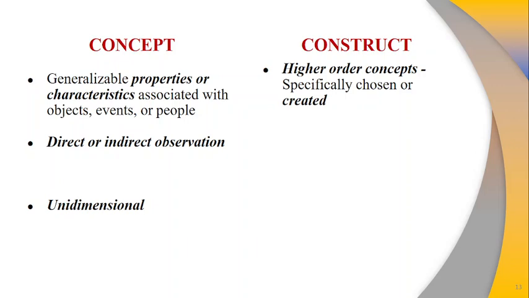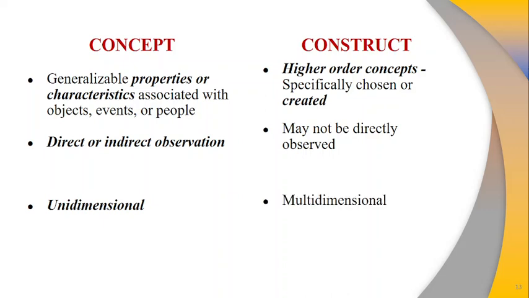It is either chosen or created or invented by the researcher or by the theorist. Usually it is not directly observed, and most probably it is multidimensional. There is no specific law to say that it must be multidimensional, but mostly it is a created or an invented one.